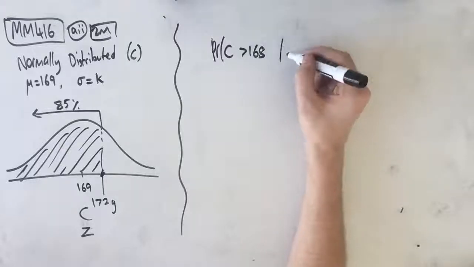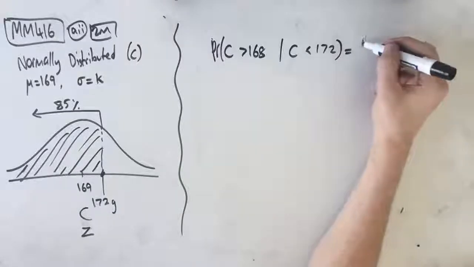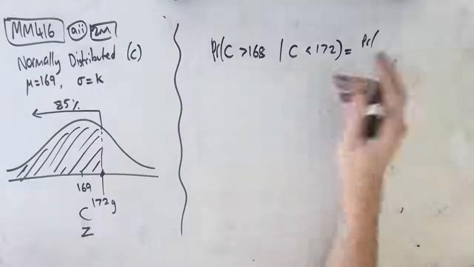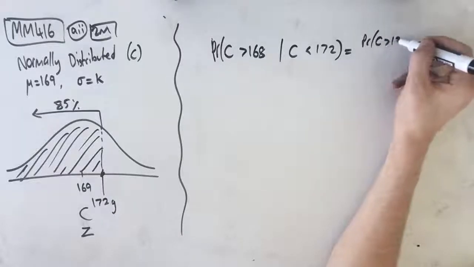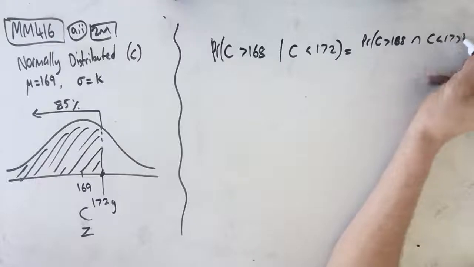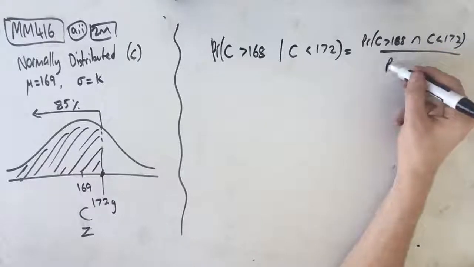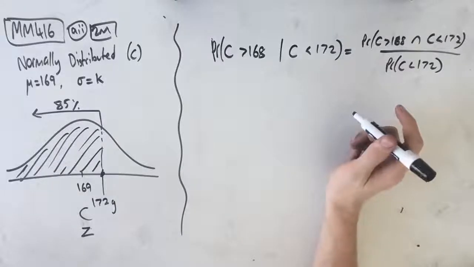Okay, so we can say given that it weighs less than 172. So this is a conditional probability formula. Now according to our conditional probability, A given B is equal to A, which is 168, intersect B over the probability of B, which is C is less than 172.